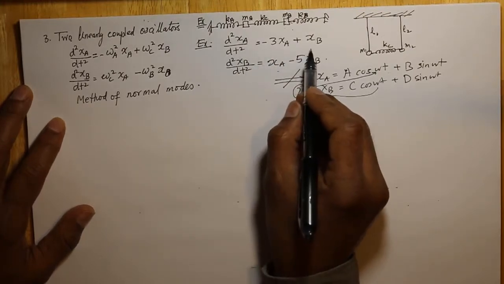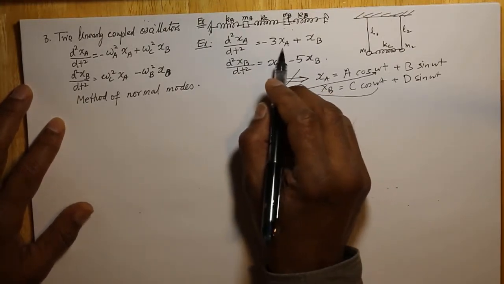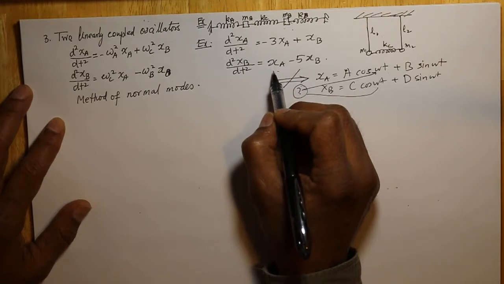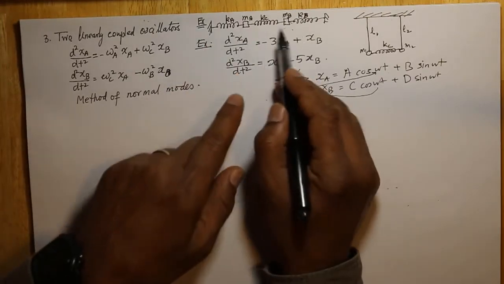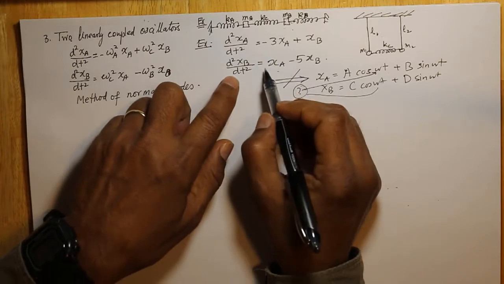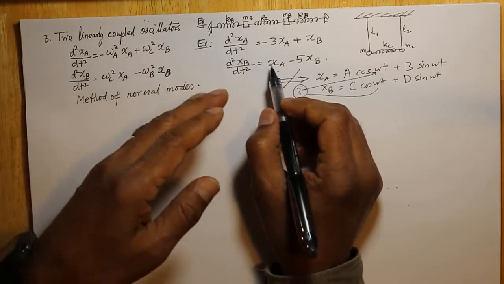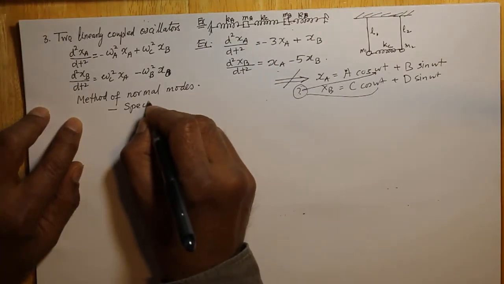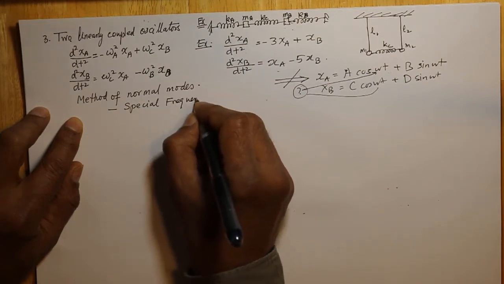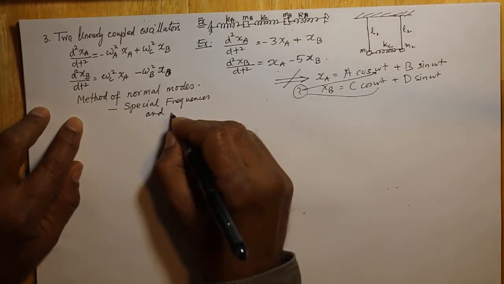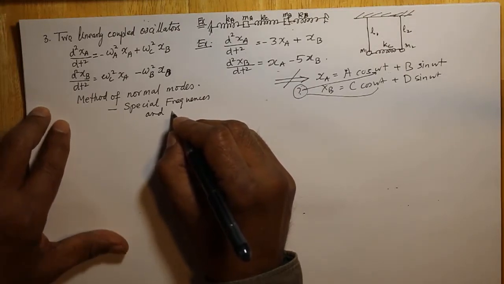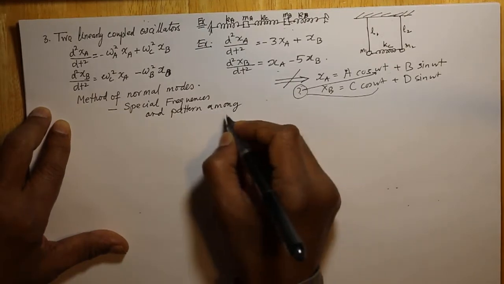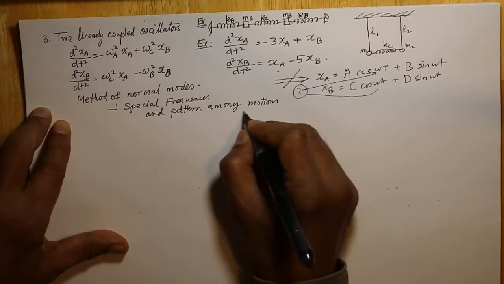The method of normal modes does not solve xA and xB directly, but it tries to figure out the frequencies and the pattern of the motions that will occur if it was in a special frequency. So there are some special frequencies, and patterns among displacements, among motions of the two.